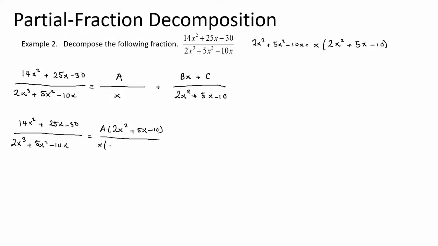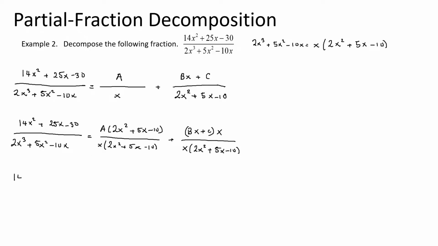Your denominator will be x times 2x squared plus 5x minus 10. Now bx plus c will get multiplied by x. Once again, your denominator stays exactly the same as the previous one. So now we have a common denominator for all three, so you don't have to worry about the denominators.